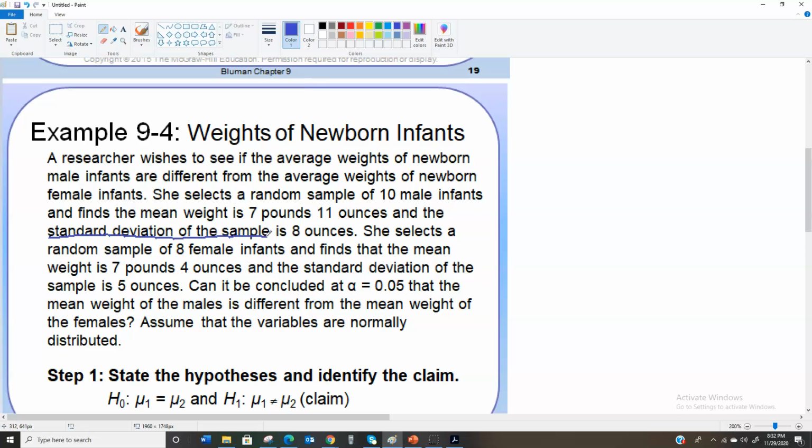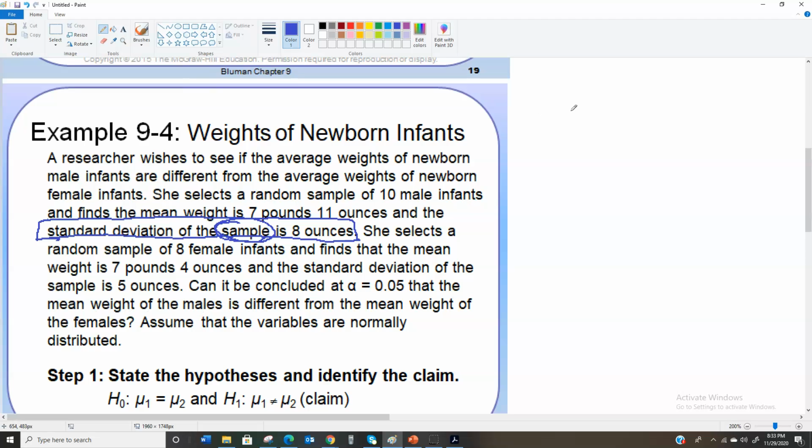Notice here, standard deviation of the sample is 8 ounces. Standard deviation of the sample means it's an S, not a sigma. She selects a random sample of 8 females, finds their mean is 7 pounds 4 ounces with their standard deviation of the sample as 5 ounces. Can it be concluded that the mean weight of the males is different from the mean weight of the females?